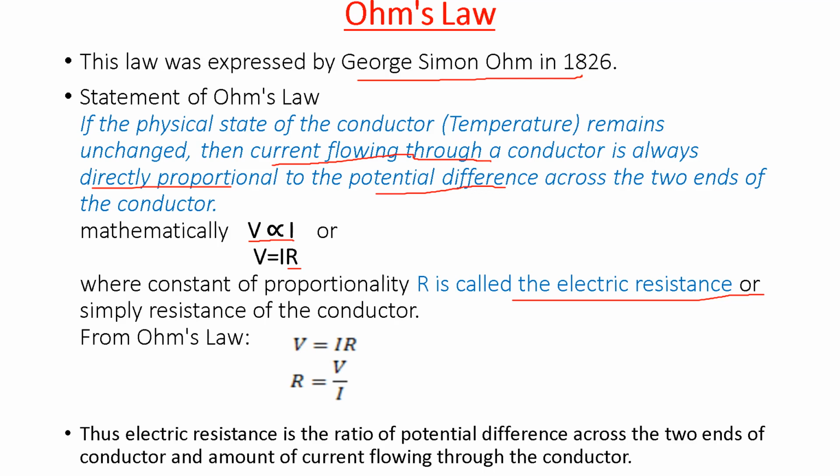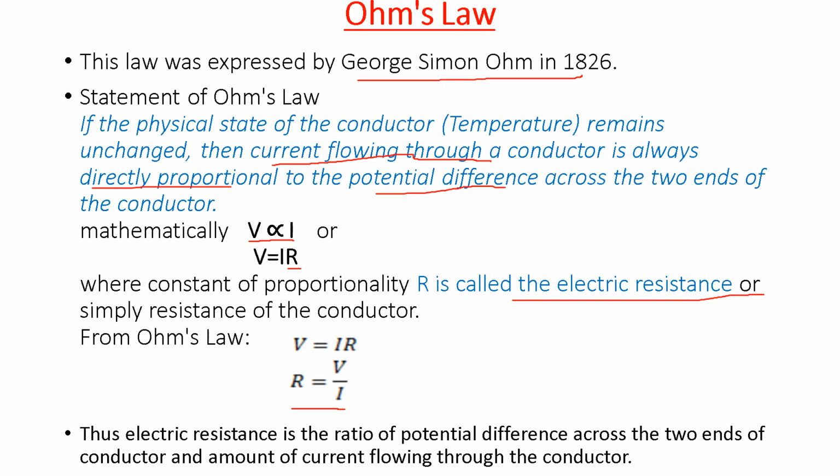This V equals IR can also be written as R equals V by I, and from here we can conclude that R and I are inversely proportional to each other, meaning for a given circuit, if resistance is more, the current flowing through the circuit would be less, and vice versa.